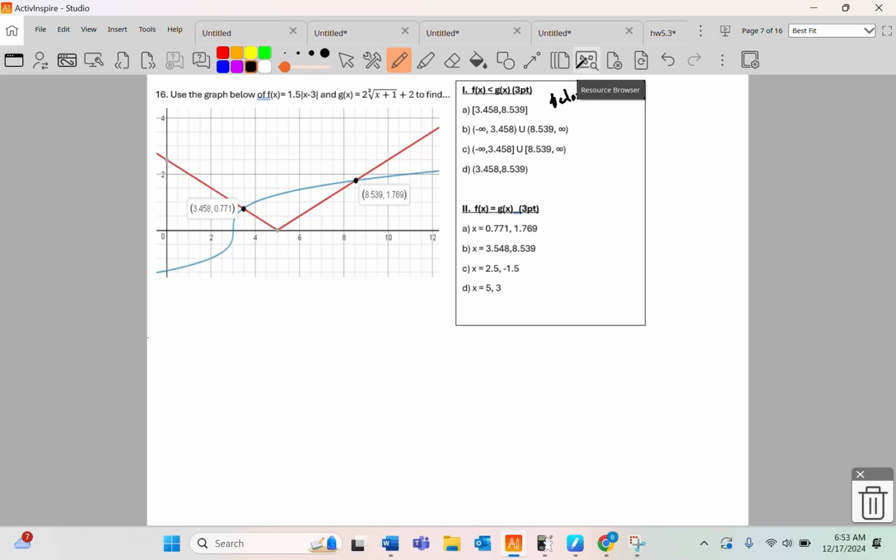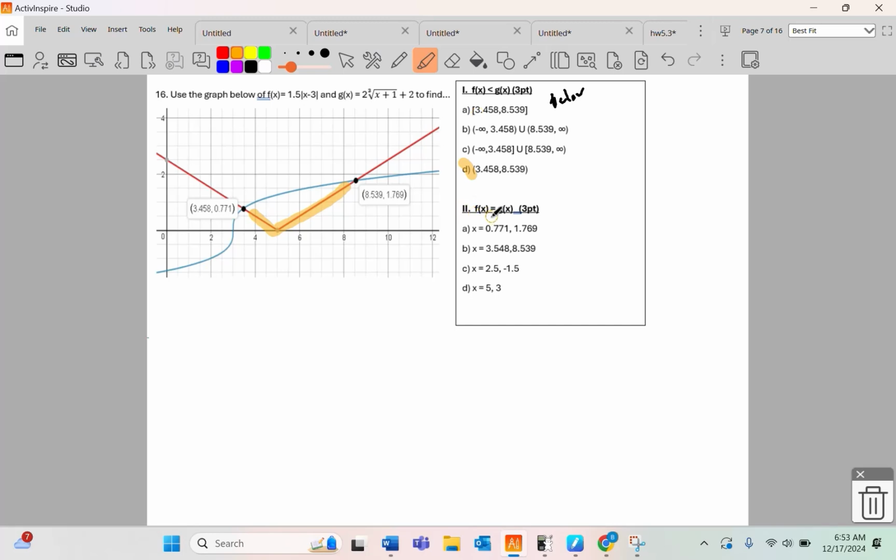So where is the v below the cubic root? That happens from here to there. So the x values that make this true are 3.458 to 8.539. And it's a less than symbol, so I cannot have equality. It has to be choice D. Choice A would be inclusion, because it would have equality.